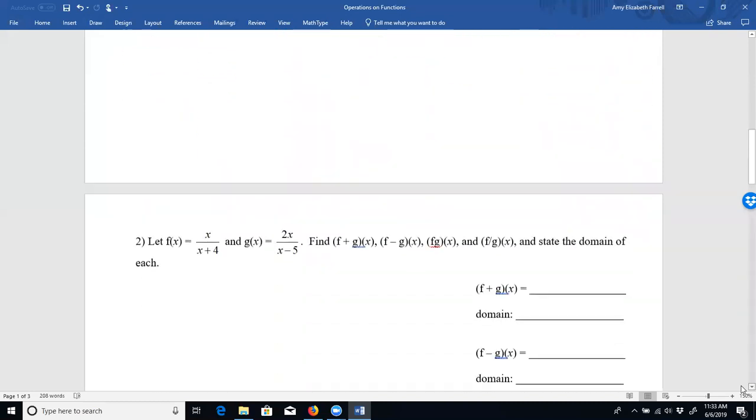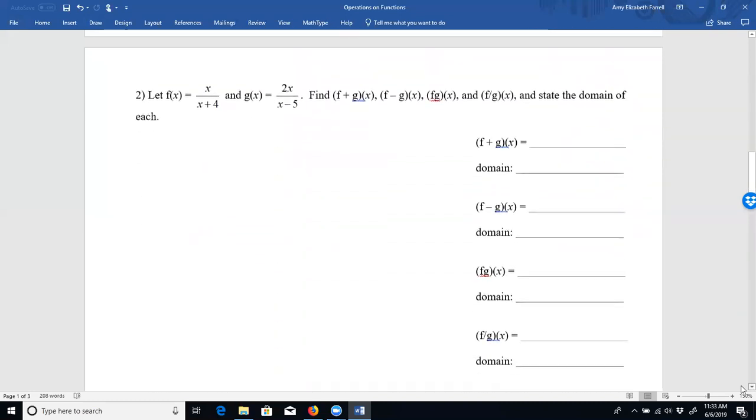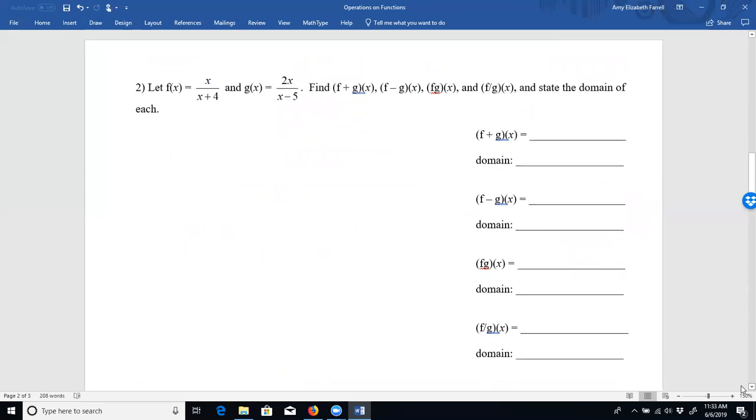All right, next example. Now we're going to look at two rational functions here. So we're going to start with f plus g of x, which we know is just f of x plus g of x. Now when we're adding two rational expressions, we need a common denominator.